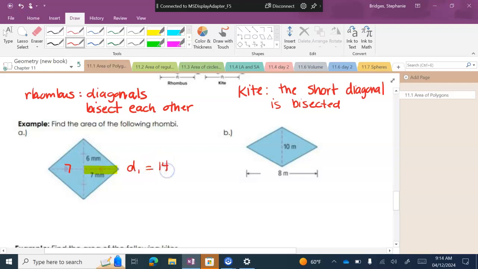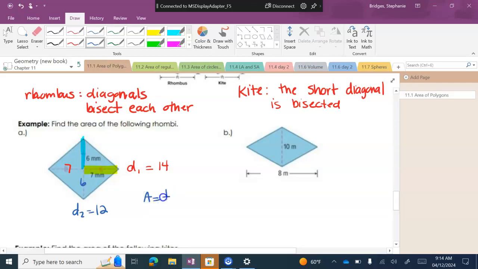14. Okay. And then if I'm looking at the top part, how much is that part of that diagonal? 6. So what would the bottom half be? 6, which gives me a total diagonal of 12, right? 6 plus 6. And so then we can go to our formula.